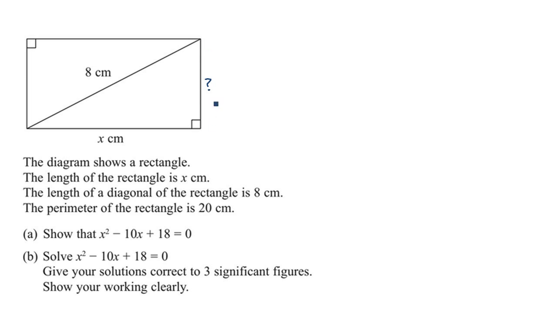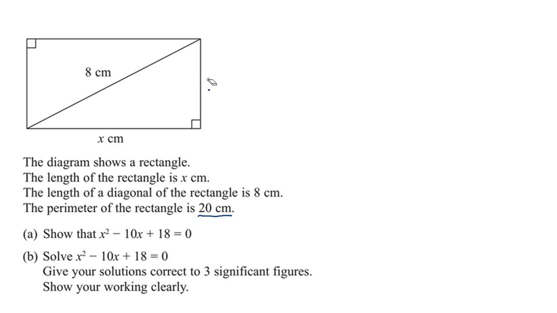First of all, we want an expression for this, let's call it the width. Well, what we can do is use this information that the perimeter of the rectangle is 20 centimeters. So this is the key fact here that we're going to use to get an expression for the width.